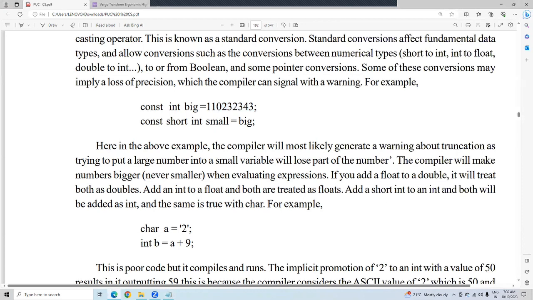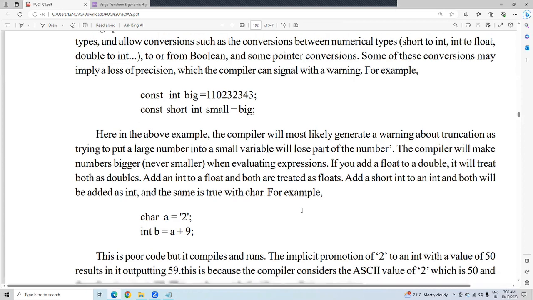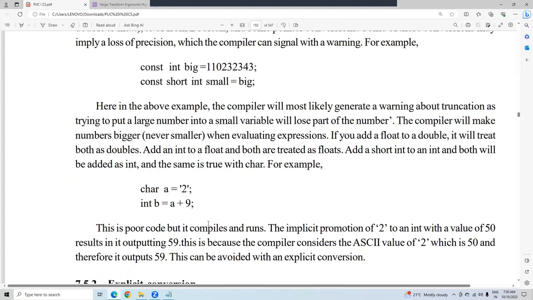Add a short int to an int, both will be added as int, and the same is true with character. Char a equal to '2' is there, int b equal to a plus 9 we can write. This is poor code, but it compiles and runs. The implicit promotion of '2' to an int with the equal value of 50 results in its outputting 59.